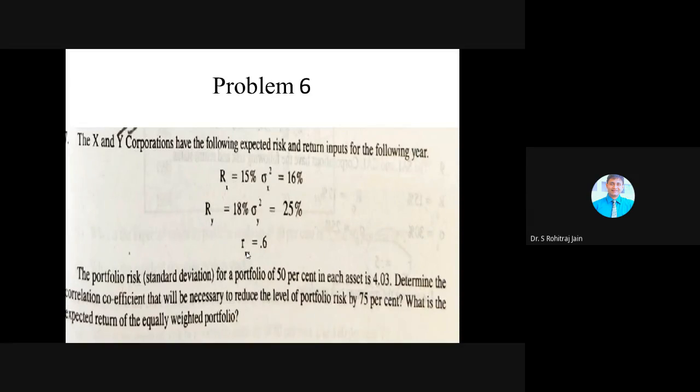Determine the correlation coefficient that will be necessary to reduce the level of portfolio risk by 75%. And what is the expected return of the equally weighted portfolio? So it is a very, very easy problem.